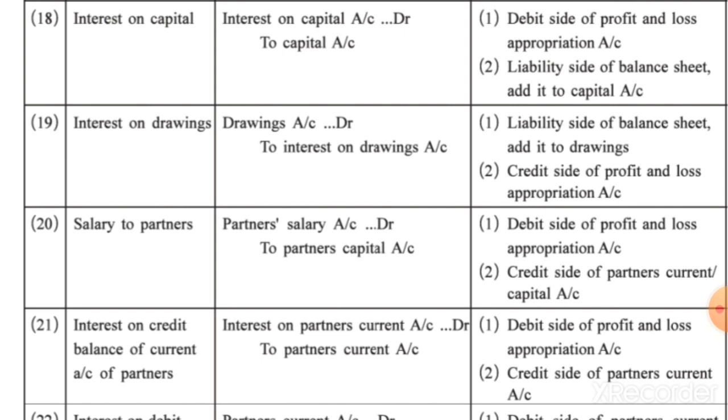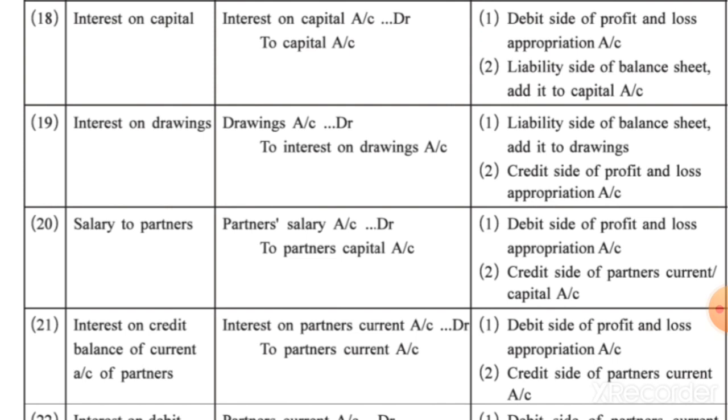Credit balance, it means it is the one kind of gain or profit for the partner, because the firm has taken that much amount of balance, so the firm has to pay the interest on that credit balance of current account, so it will be loss or expense for the firm. So first effect, that would be debit side of P&L appropriation account, and second effect, that would be that much amount of interest the partner would be getting, so the partner's account, that would be credited.